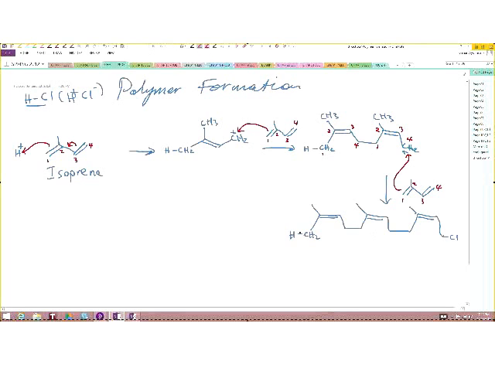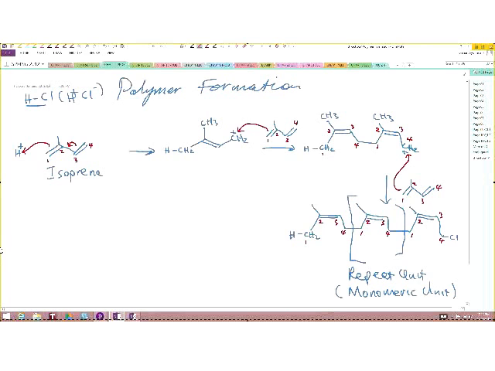Each one of these units, 1, 2, 3, 4, 1, 2, 3, 4, 1, 2, 3, and 4, is what we call a repeat unit, or monomeric unit.